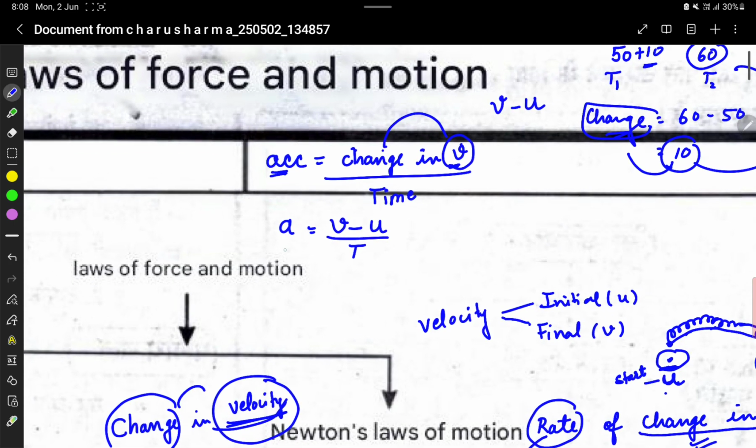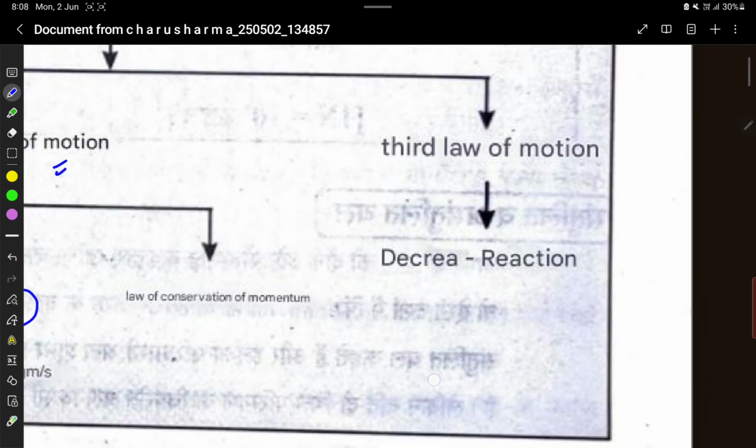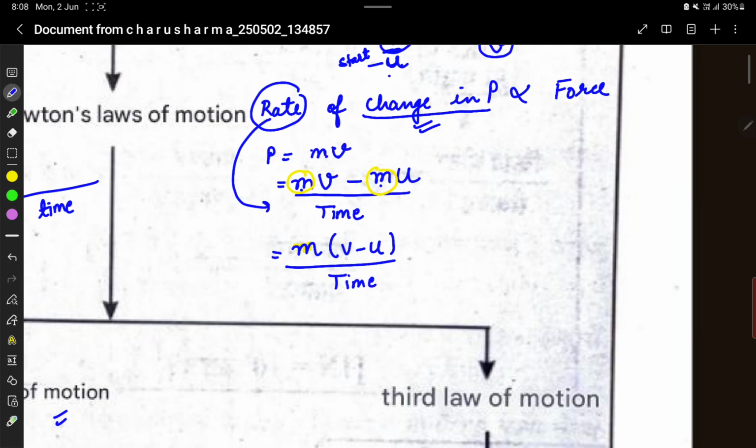So our acceleration comes as v minus u upon t. Now look here closely. Acceleration is v minus u upon t. Now look here. There also we are getting v minus u upon t, which means that in place of v minus u upon t, I can put acceleration.